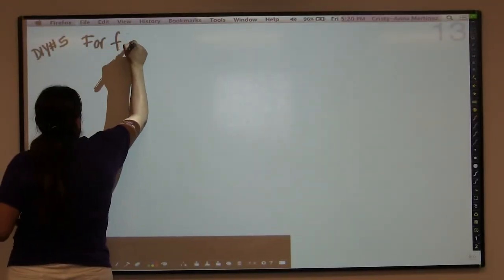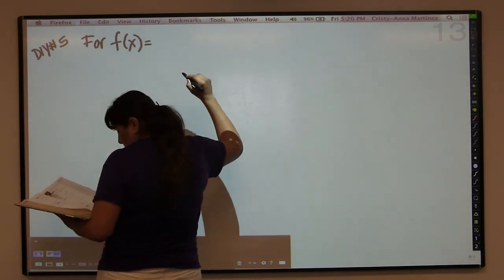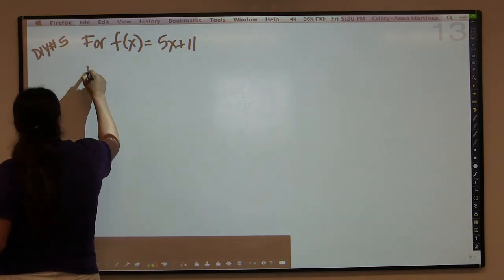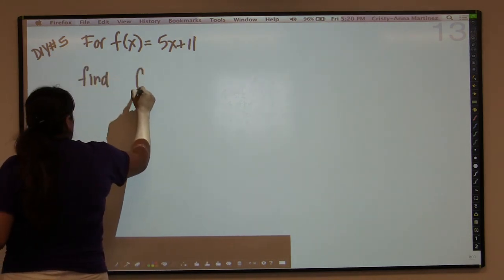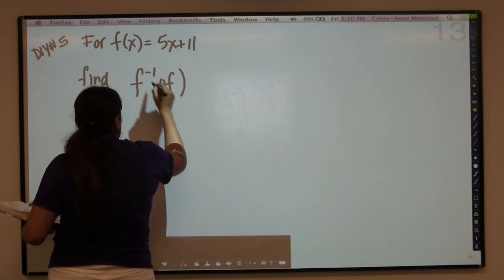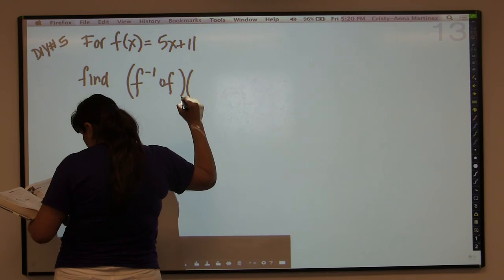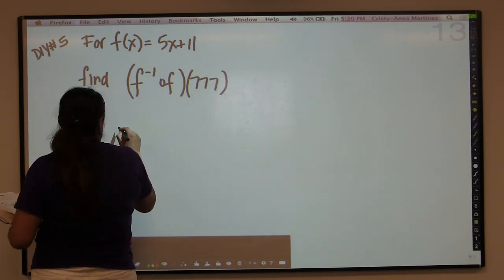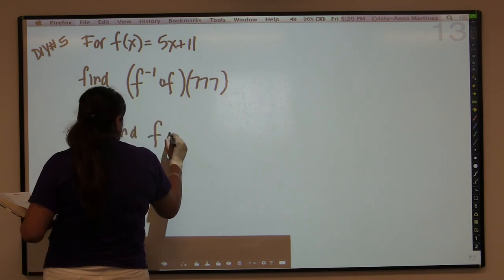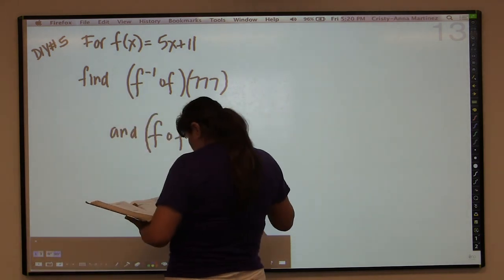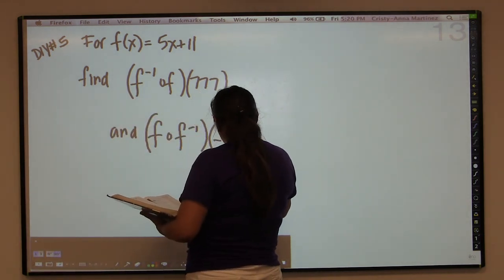For f of x equals 5x plus 11, I would like for you to find f inverse of f of 777 and f of f inverse of negative 5,802.